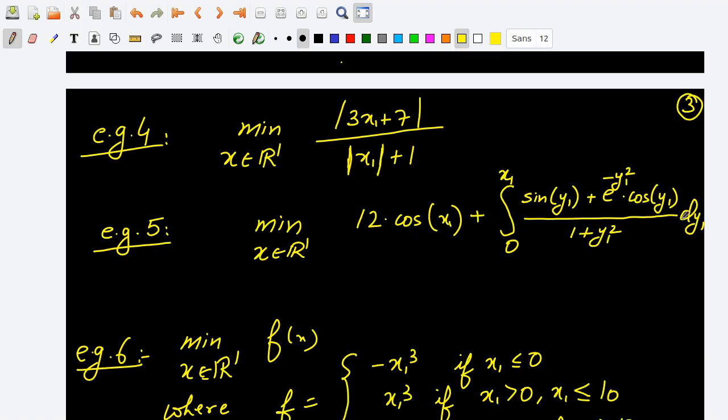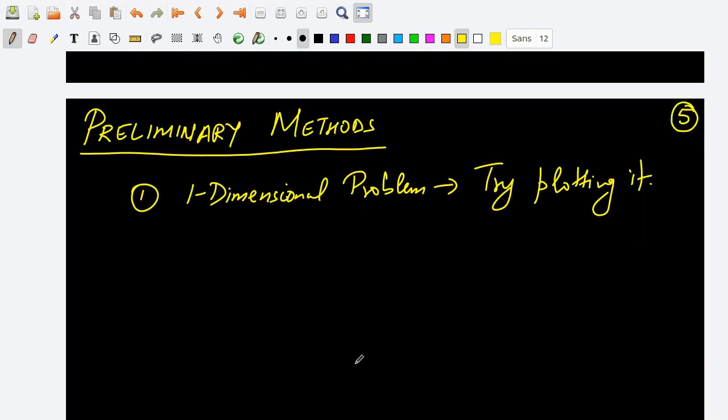This function will take a long time even on a computer to plot, because for every x1 I need to first evaluate an integral and then make a plot. So plotting works for only simple problems. So if you are able to make a plot of your function, then you don't need any other sophisticated tools. You can live with that plot and get a reasonable answer, and that might be the right approach actually.